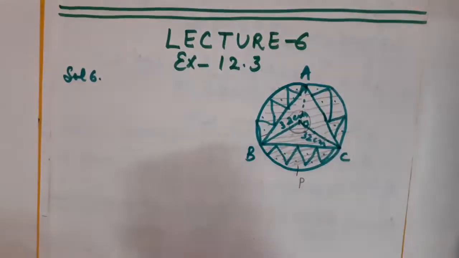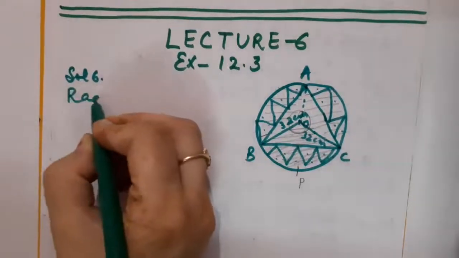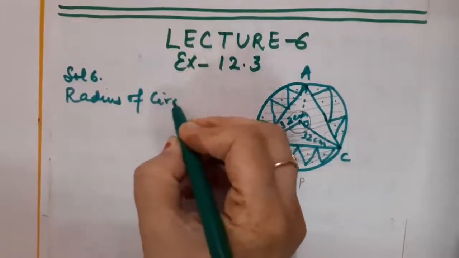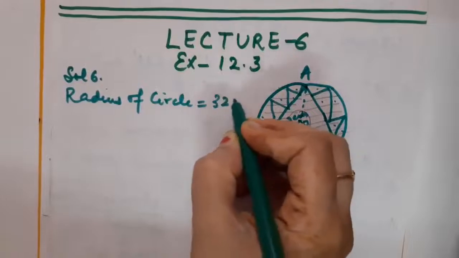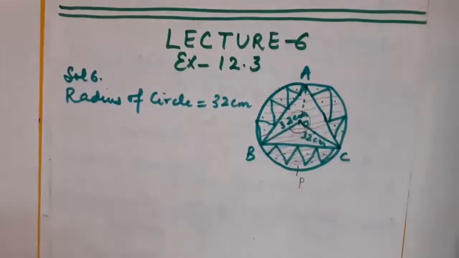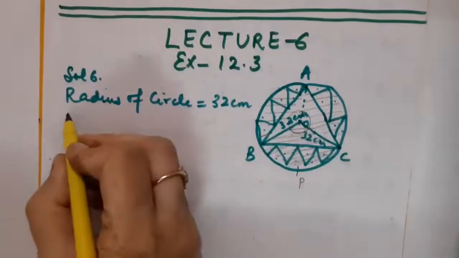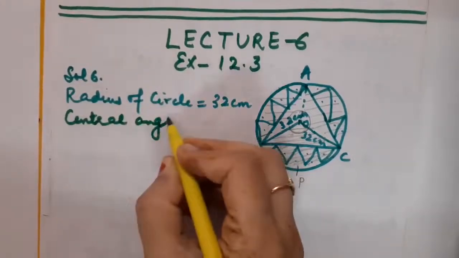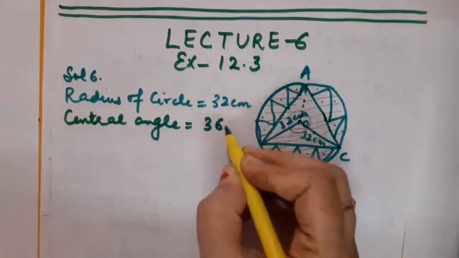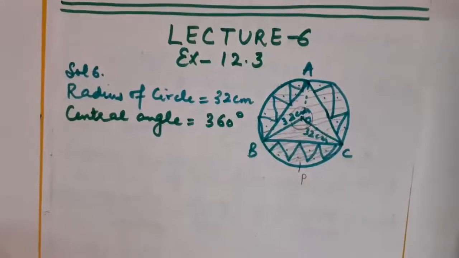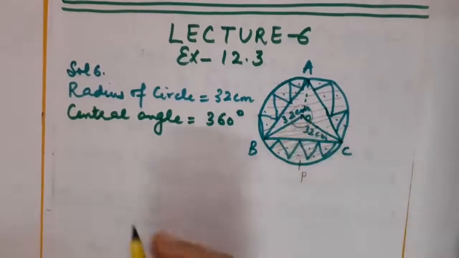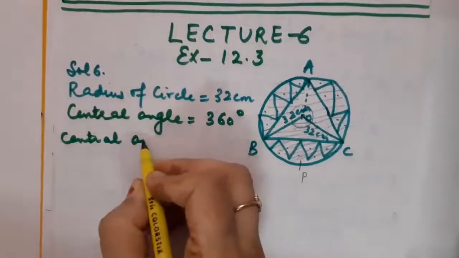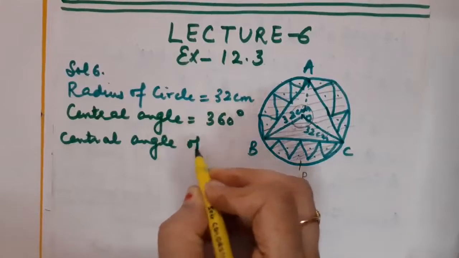So now let us start. The radius of the circle is given to us, 32 centimeter. The central angle is the complete angle, 360 degrees. When it is divided in 3 parts, can I write the central angle of each sector?